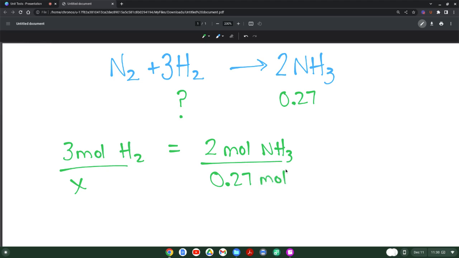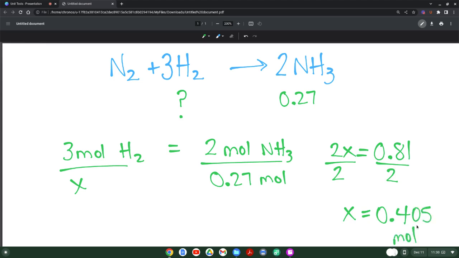So I'm just going to cross multiply and solve for the x. This gives me 2x, and 3 times 0.27 comes out to 0.81. I should have known that one. Divide both of these by 2 to get x by itself, and that comes out to 0.405 moles of the H2.